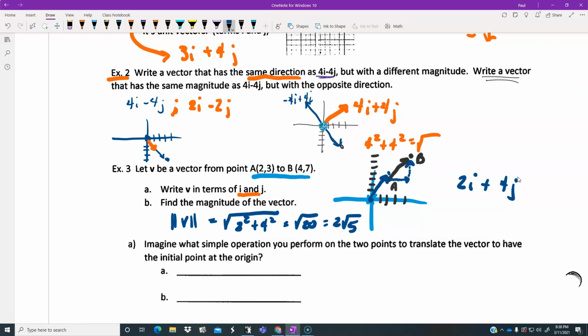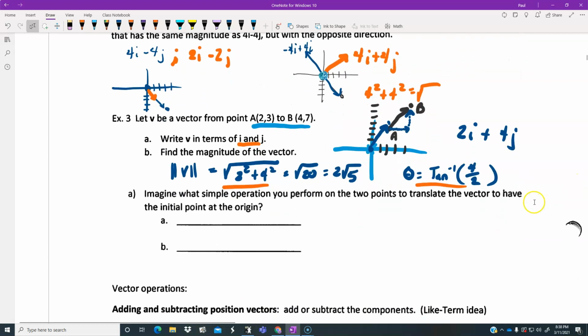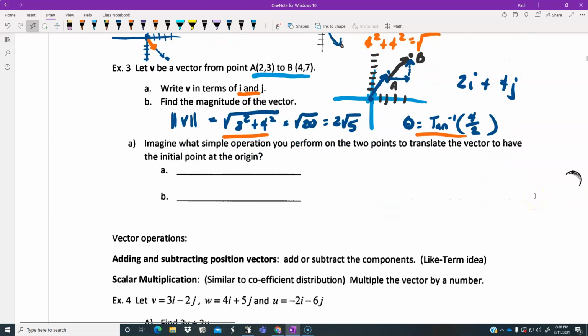And you could find its direction by doing the inverse tangent of the y component over the x component, or 4 divided by 2, and you take the inverse tan. All right? Now, notice these same functions right here and right here, they are going to be the fundamental keys to being able to get vector magnitudes and directions.